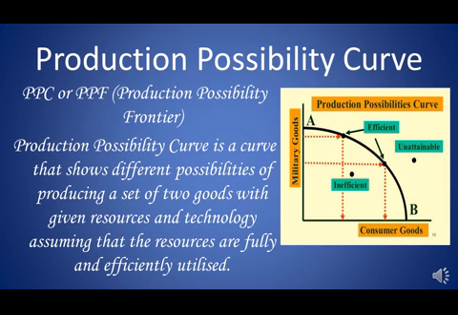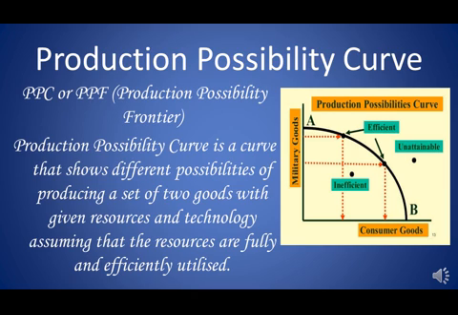You can see that I have provided a graph also in this slide. The graph is regarding the production possibility curve, where an economy faces the problem of whether to produce consumer goods and military goods, and if it decides to produce both, in what quantity both should be decided.